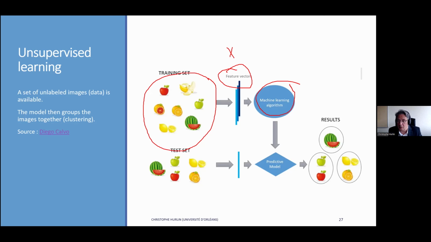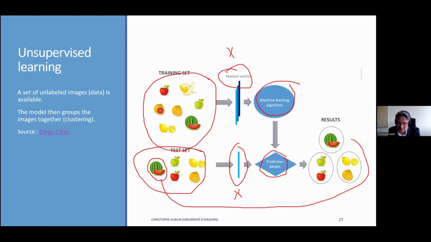This is not truly a predictive model, but it is a model that relates to a new set. If I introduce new images, I observe the X, and then given the X, the features of my instances in my test set, these individuals will be assigned to this cluster.